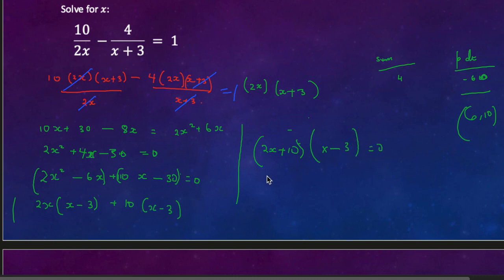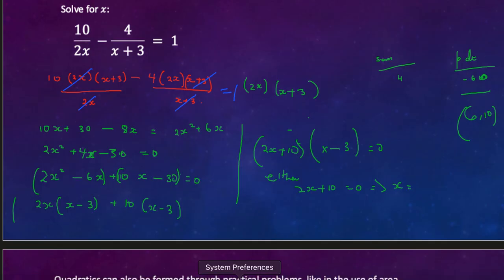Since it is solving, we say either 2x plus 10 equals 0, implying that x is, so when 10 crosses, is it minus 10 plus 10? Let's see. Basically here we get x as negative 5.